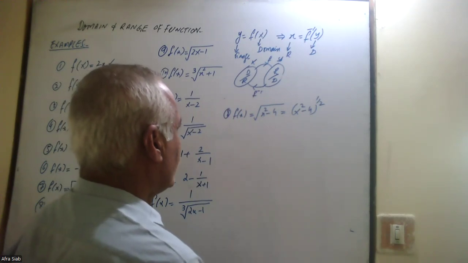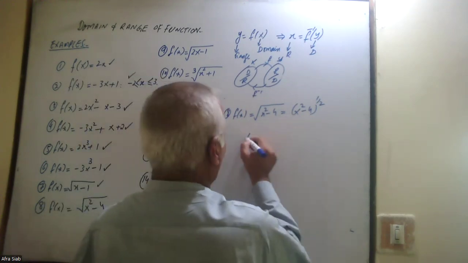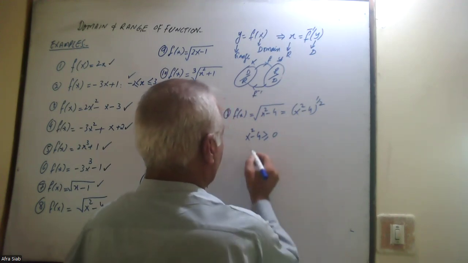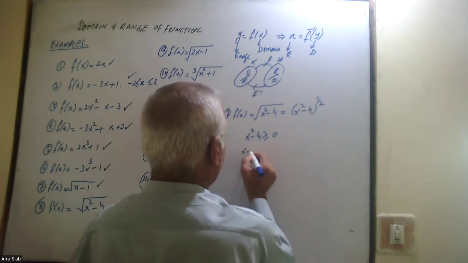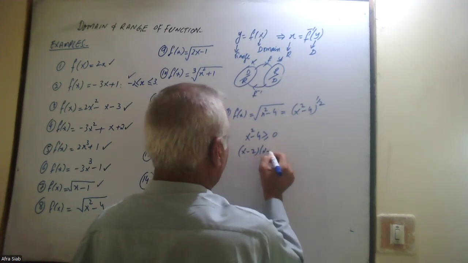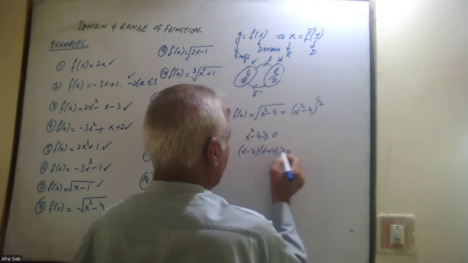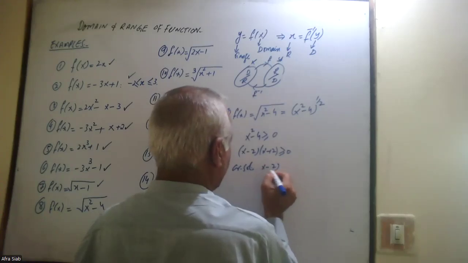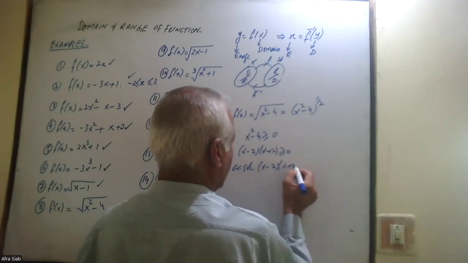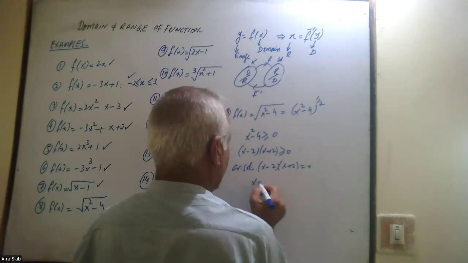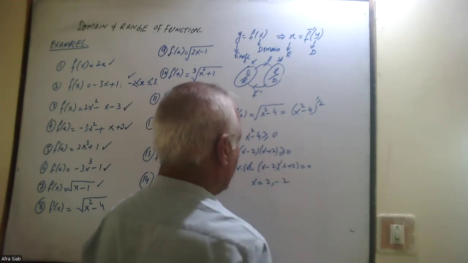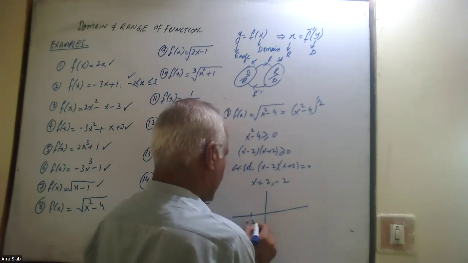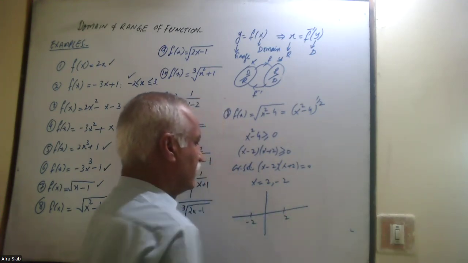So first of all, we have to say that x square minus 4 should be greater than or equal to 0. If you factorize it, x minus 2 into x plus 2 is greater than or equal to 0. And if you write the critical solution for this, then x minus 2 into x plus 2 is equal to 0, so the x values are 2 and minus 2. So this means the graph of this will be from minus 2 till 2 there.